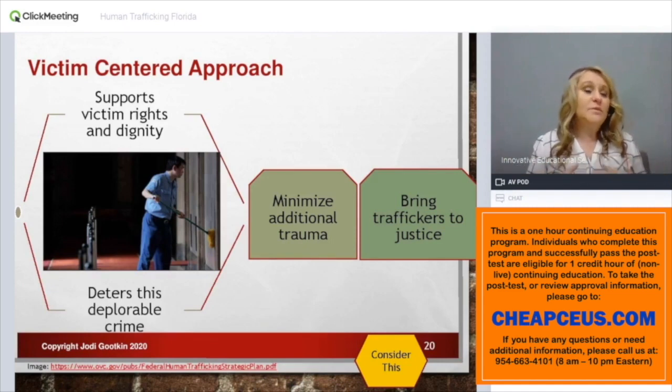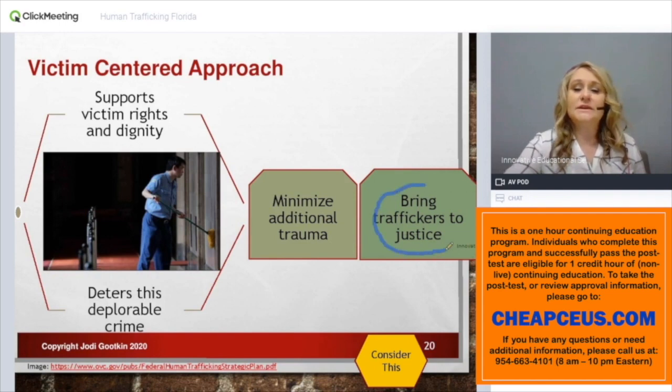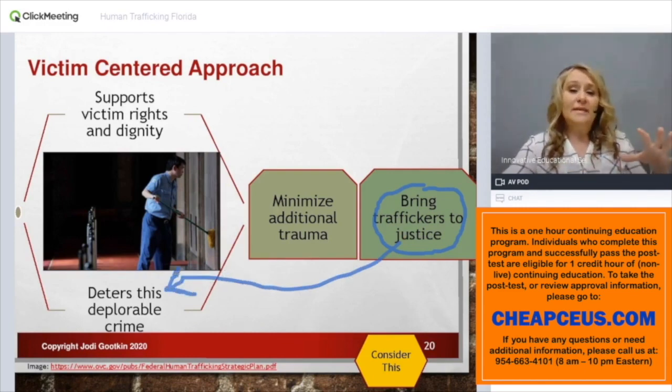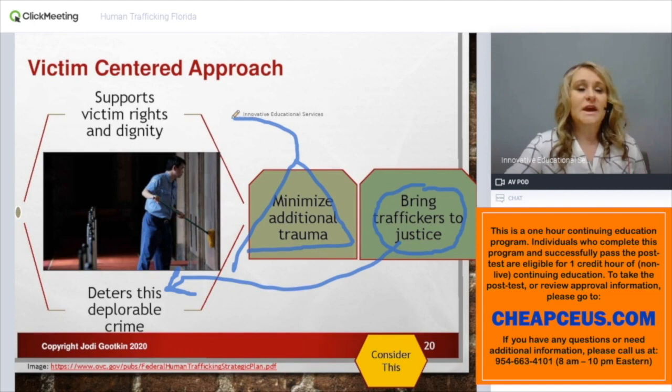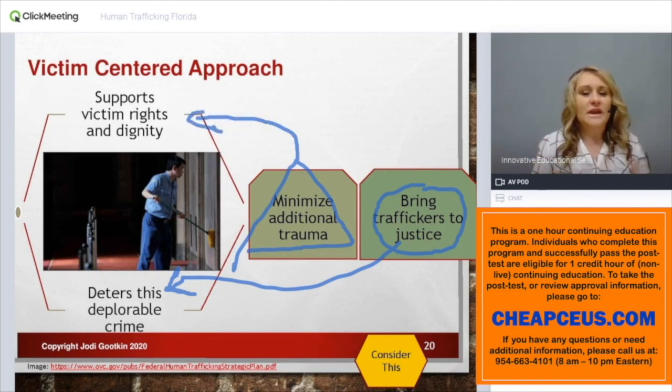What's utilized by all the different agencies as they're developing different services, protocols and resources is considering that there is a need to bring these traffickers to justice because they have committed a significant crime, but that needs to be balanced with minimizing additional trauma to the individual who's been trafficked and supporting their dignity and rights and what they need.